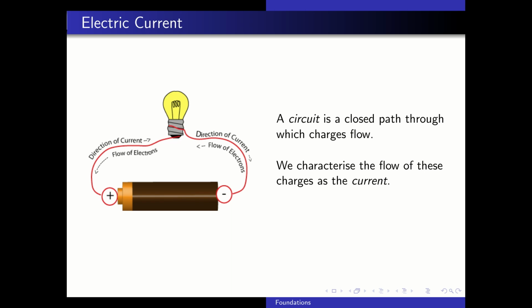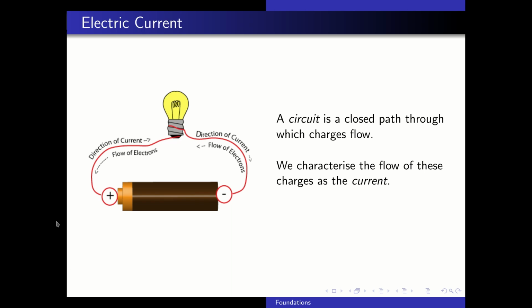That closed path allows charge to flow from one terminal of the battery, through the wires, through the light bulb, and back to the other end of the battery. That flow of charges is what we define as the current in the battery, or current in the circuit.